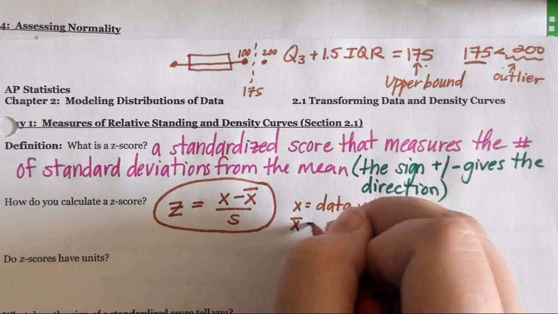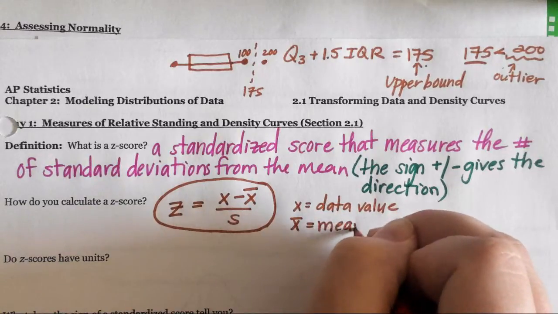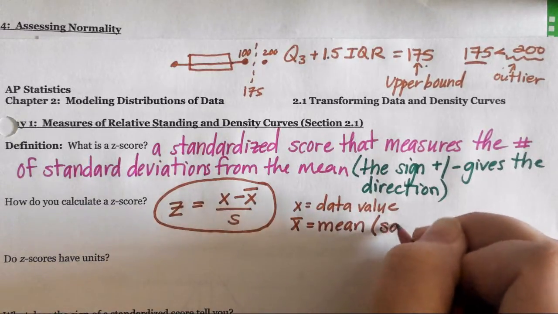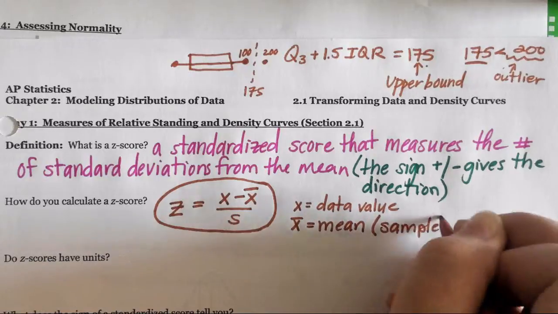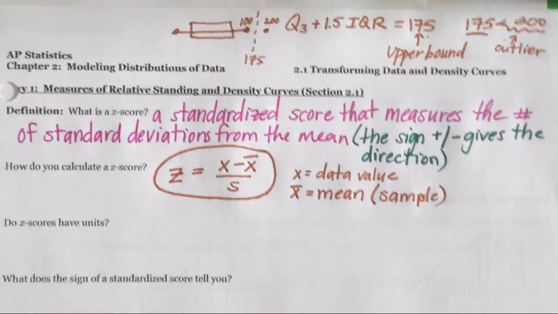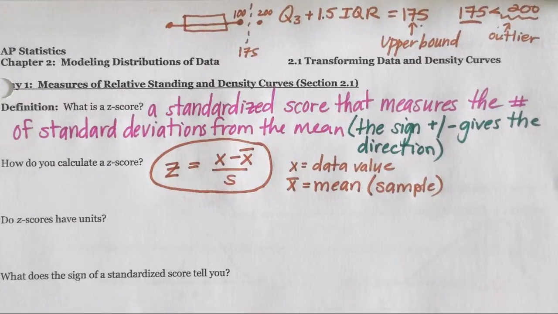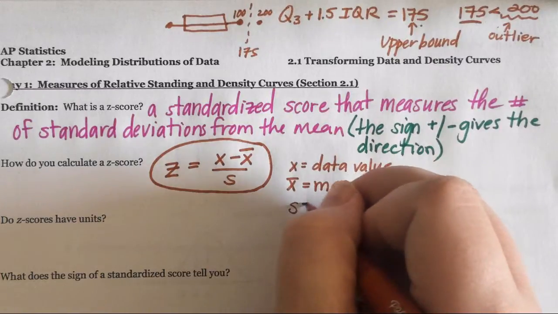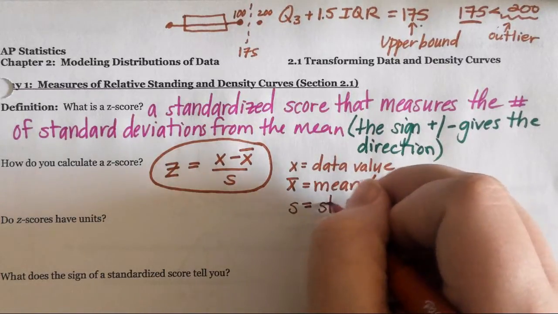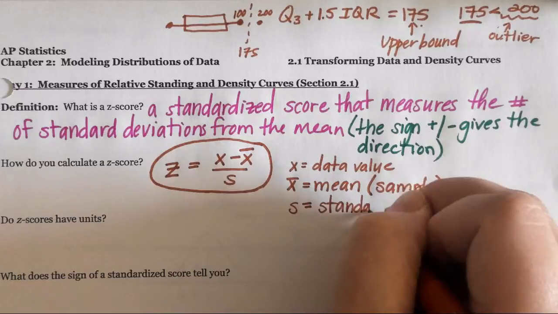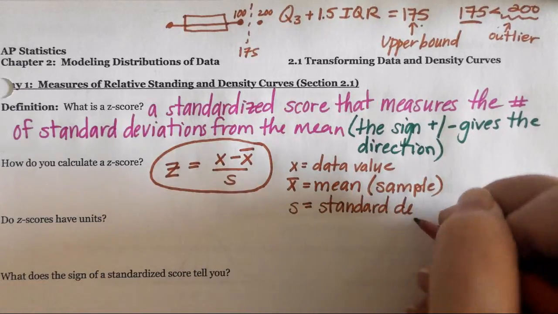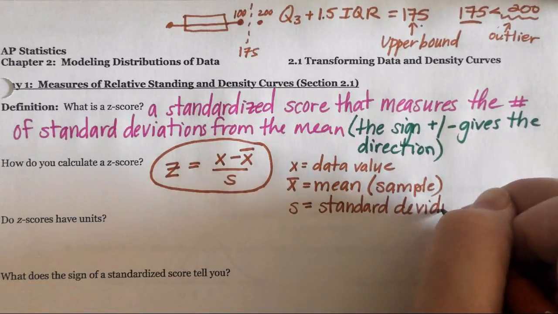X bar is the mean. And in this chapter, I'm probably going to try to refer to it more and more as the sample. It's the sample's mean. It might not be the mean of everything in life. And then s is for the standard deviation of the sample. I can't spell.